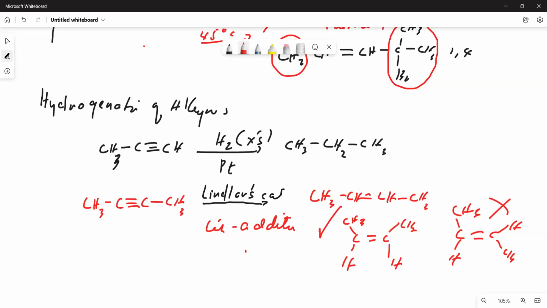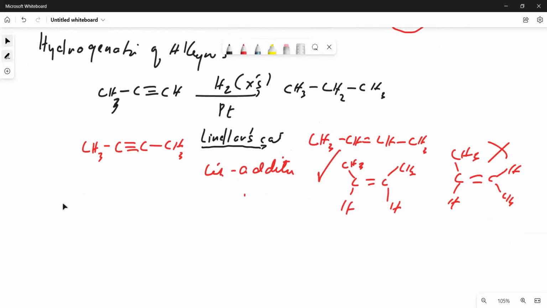If you want to produce the trans geometric isomer rather than the cis, you cannot use Lindlar's catalyst. You have to use another reagent, and this is sodium in the presence of liquid ammonia. You can also use lithium in the presence of liquid ammonia.